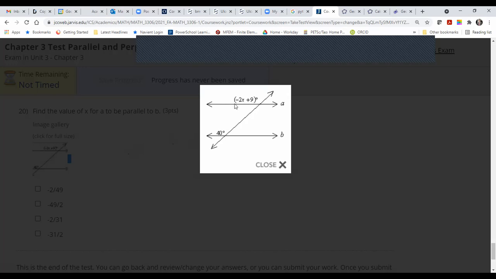The measure of corresponding angles is the same, so the measure of this will be the same as this. That's why the equation is negative 2x plus 9 equals 40. Okay, I understand.